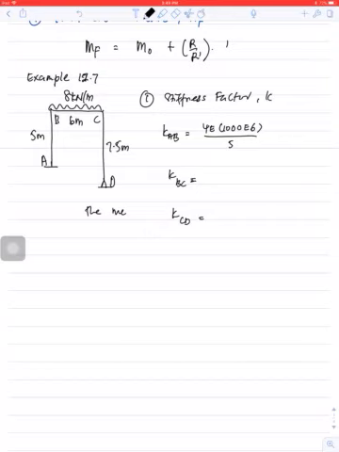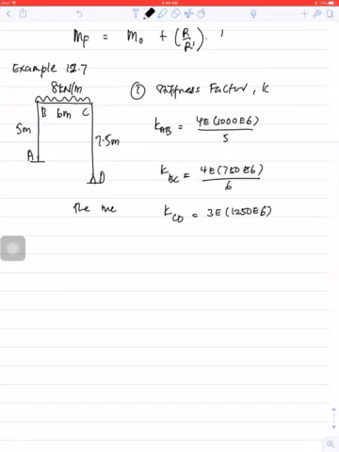For KBC, both ends are fixed, it is an internal member, so we use 4EI. I is 750 exponent 6, divided by 6 meter length. And for member CD, since D is pin, we use the formula for far end pinned, which is 3EI. I is 1250 E exponent 6, divided by the length, 7.5.